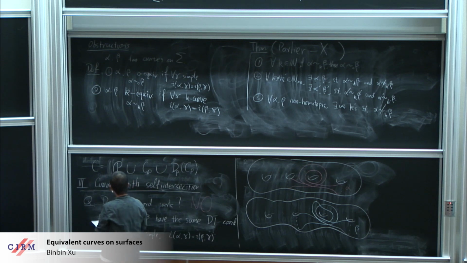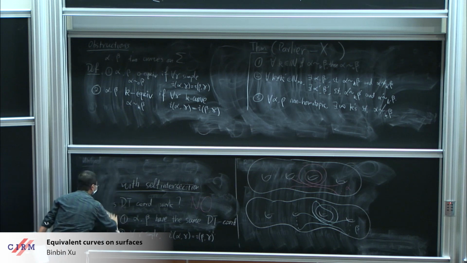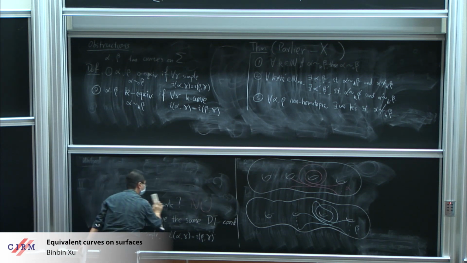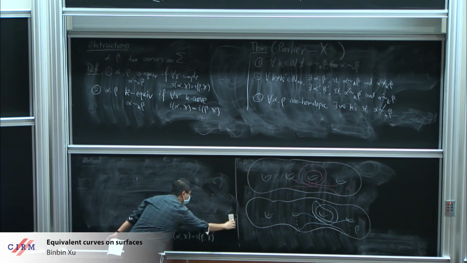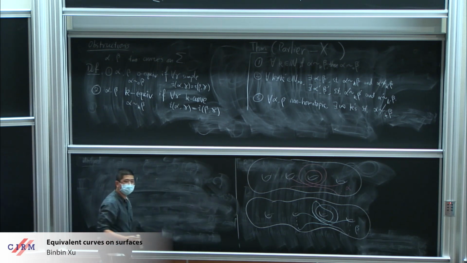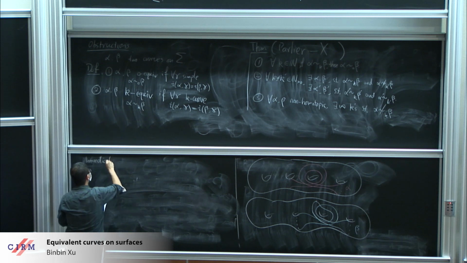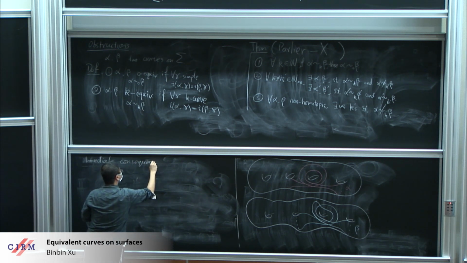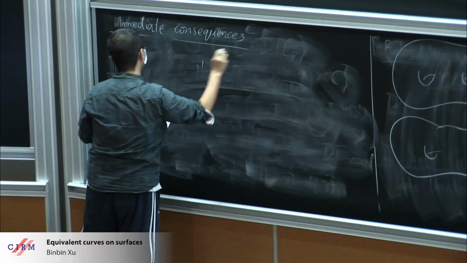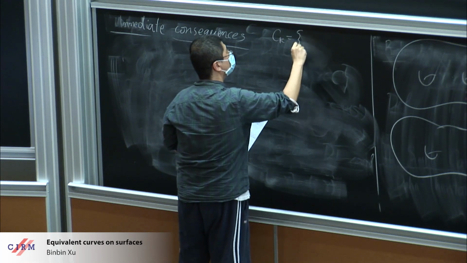So the first one actually tells us, suppose I have two curves which cannot be distinguished by only considering k curves, then I will also fail when I only use simple curves. So an immediate consequence. So let me use Ck to denote all the k curves.